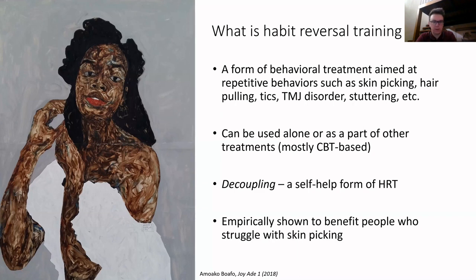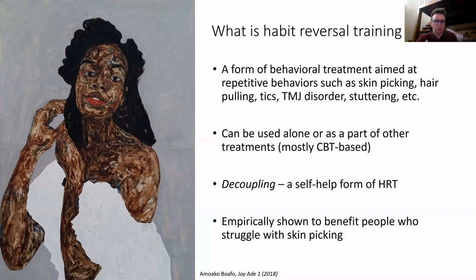I've never used it for stuttering, and I'm not really quite sure how I would apply it, although there have been studies that show that it's effective. And I've never used it for TMJ disorder for the simple fact that no one has ever asked me to. It can be used as a standalone treatment, or as is more common these days, as a part of something else.